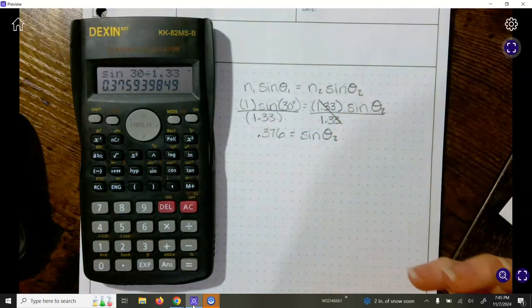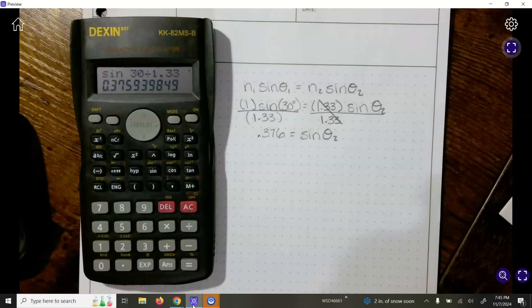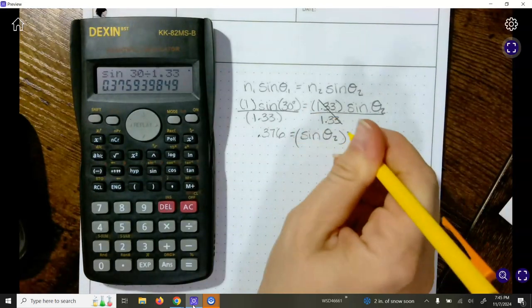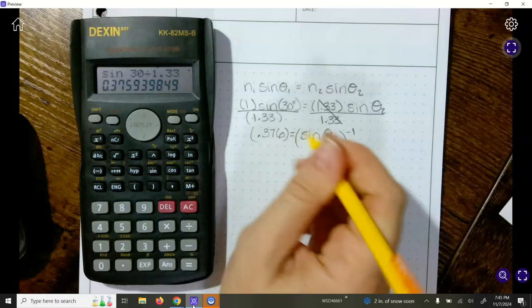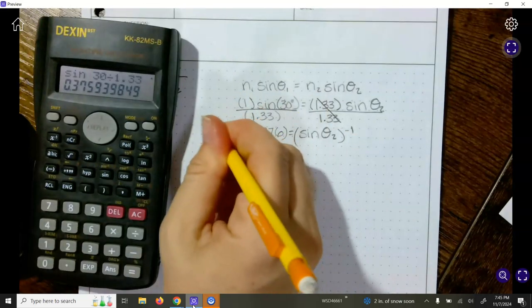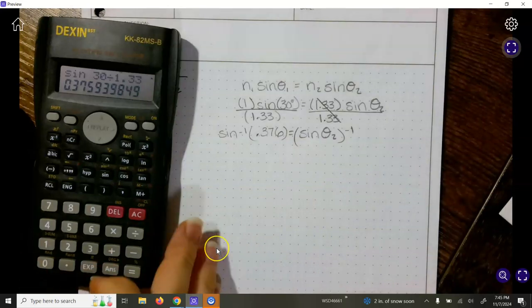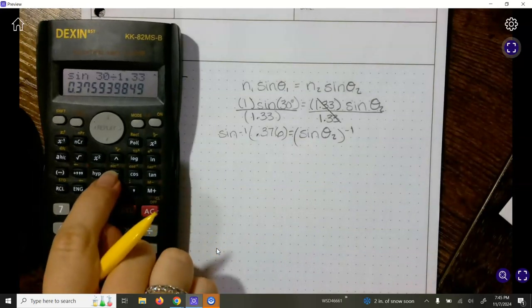Well, here's where we do the inverse. When we do an inverse of something, we're actually doing 1 over, or raising it to the negative 1 power. What that looks like is inverse sine. Where is this button? It's right above sine.